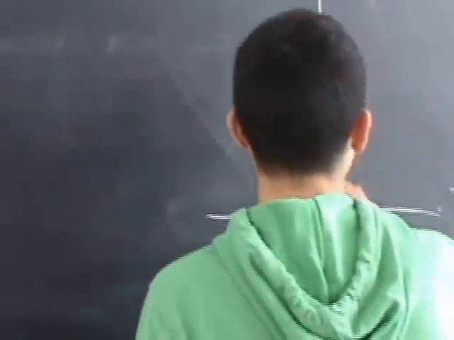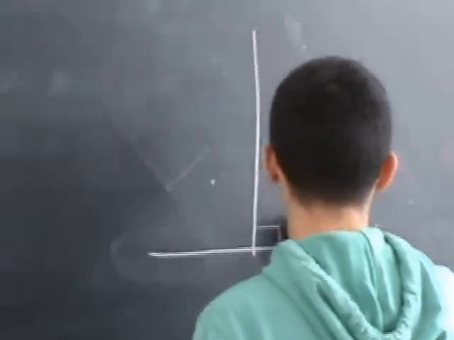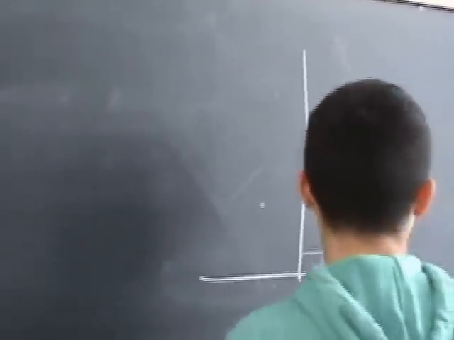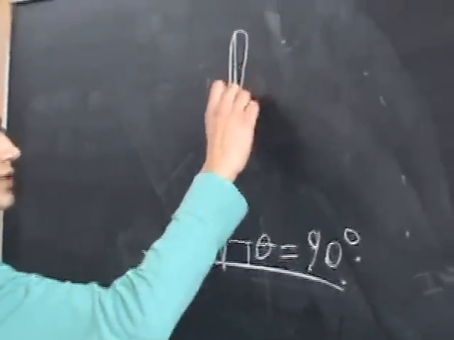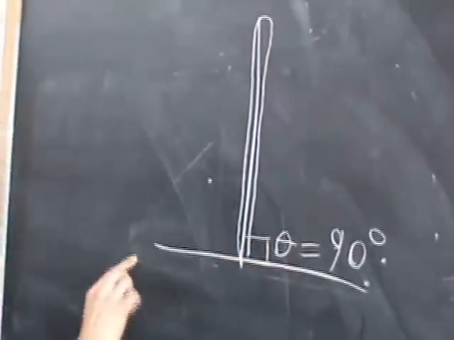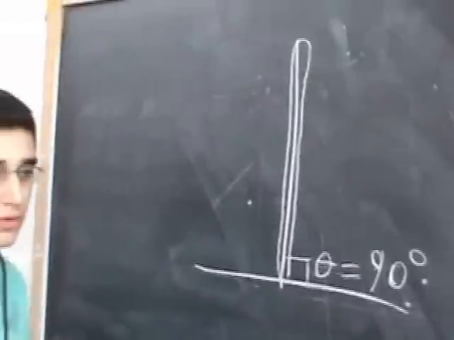In another situation, we have the angle theta, which is 90 degrees. In this case, the projectile will go straight up and return back down without moving to the sides at all.